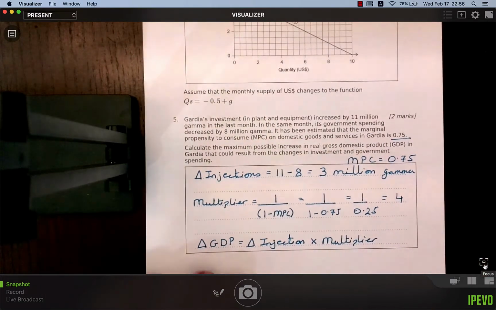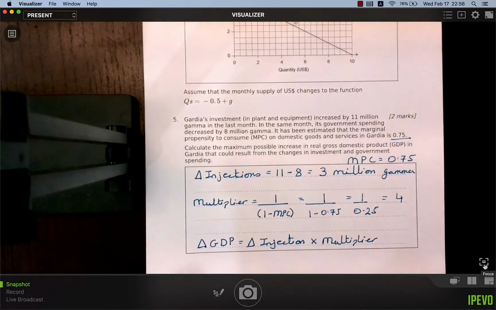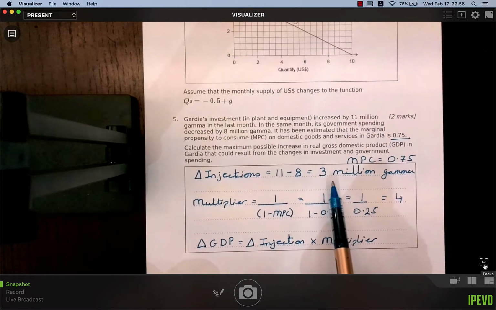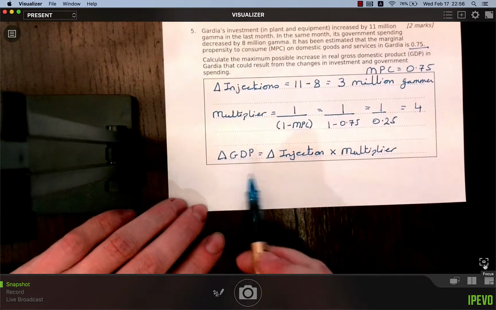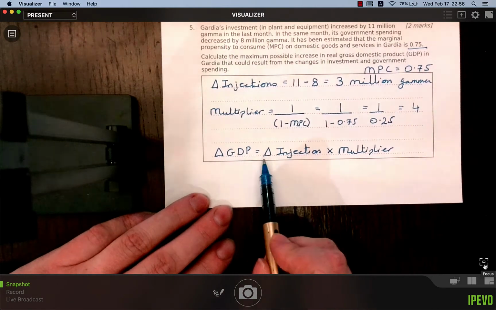I'm going to say it again, guys, I apologize. What's the economic significance of that figure? Any initial injection into the circular flow of income in Guardia will cause national income of Guardia to rise by 4 times that initial injection. The net initial injection is 3 million gamma. So the change in GDP equals the change in injections times the multiplier.